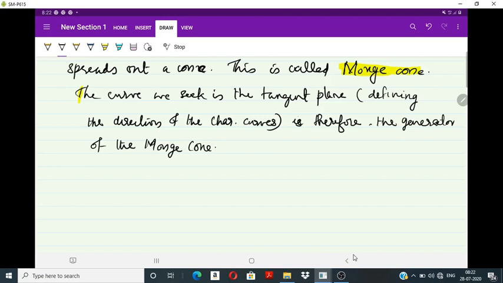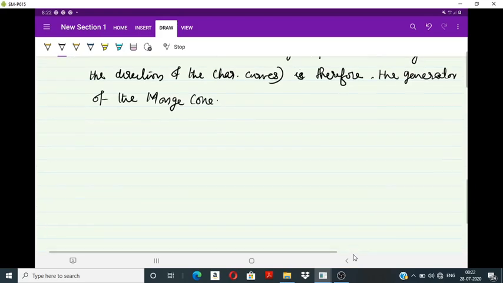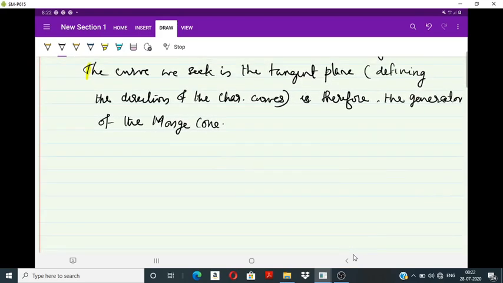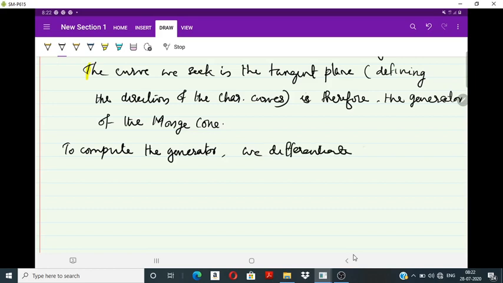For that, to compute this generator, we first differentiate equation number 2 by the parameter p.